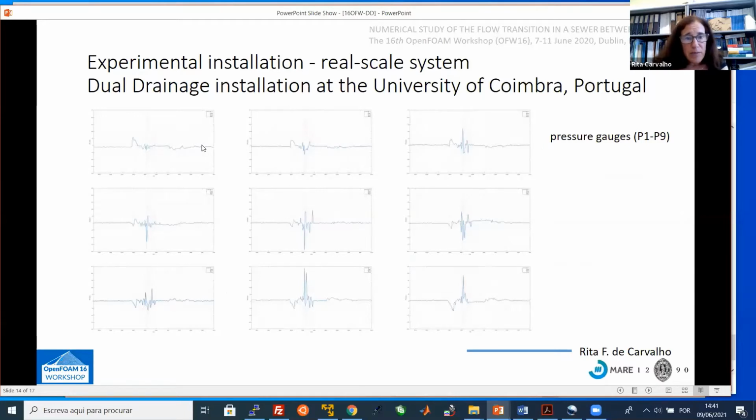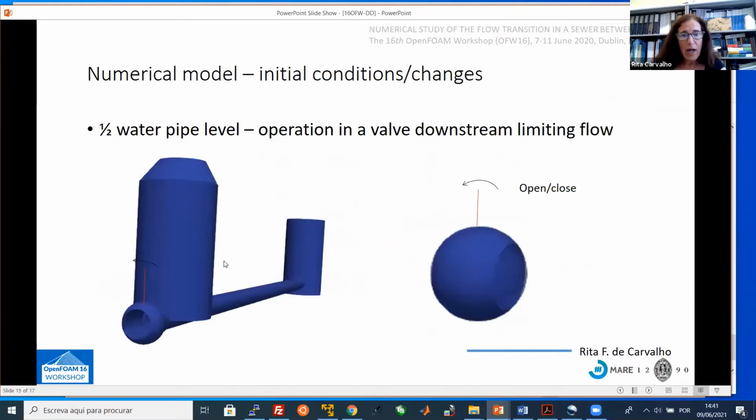About the 9 pressure gauges located in different places in the pipe between the manholes, we have different aspects of the pressure. So we'll try now to have the valve closed here, dynamic mesh, the valve 2.